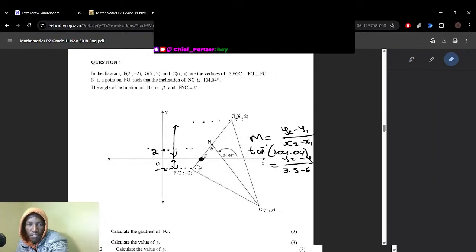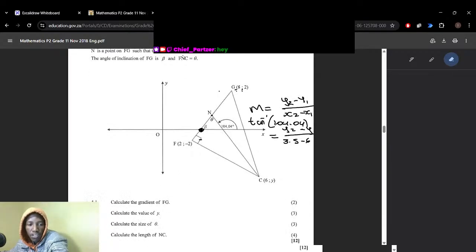But moving on, we have assumed the value of y2, and now we can calculate the value of y, right? So that would be how we would calculate the answer of 4.2.